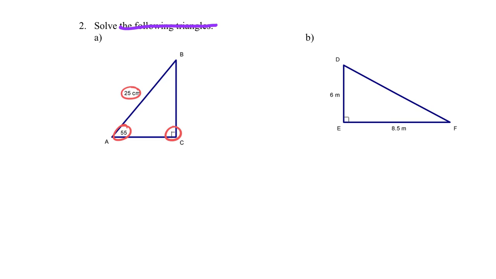What is not labeled on that triangle? Well, angle B is not labeled. Side A is not labeled. And side B is not labeled.